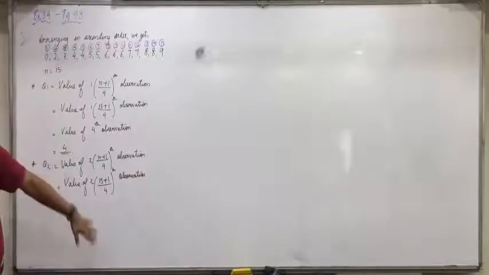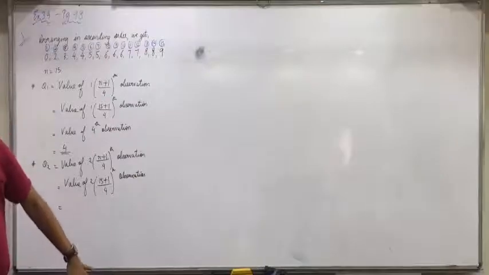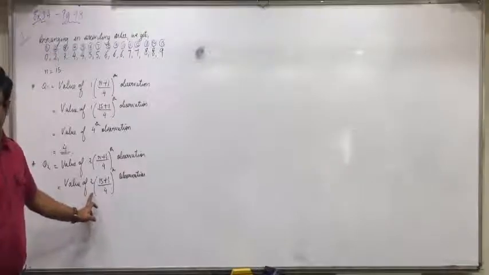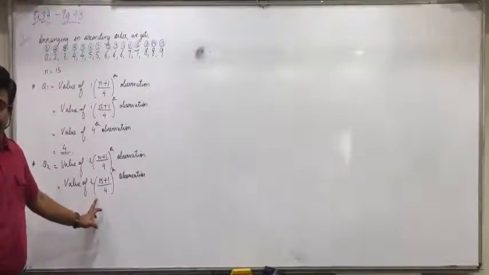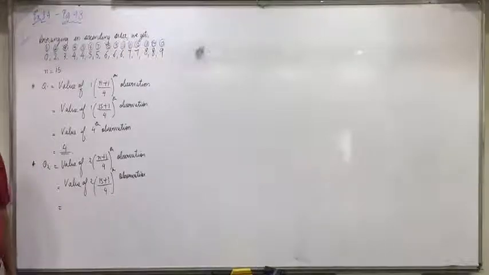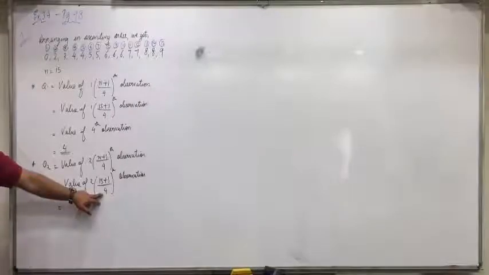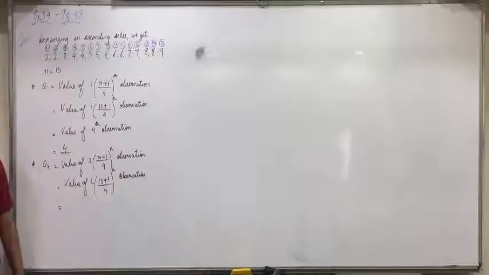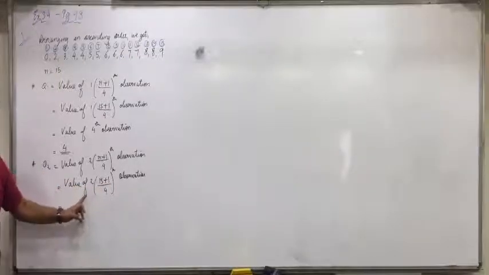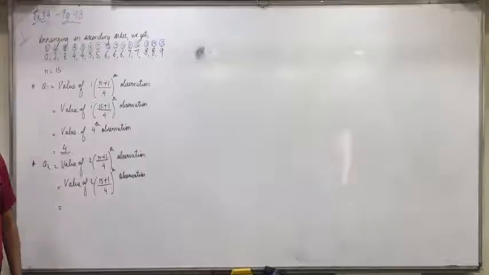Now always do the bracket first. All of you remember that? First division, multiplication, then addition, subtraction. So first do the brackets. Do it as I am saying, 15 plus 1 divide by 4. Bracket is done. Now do into 2. 8th observation. Always do the bracket first. 15 plus 1 divided by 4 and then 2 into 2. Directly don't do 2 into 15, it will give you a wrong answer.